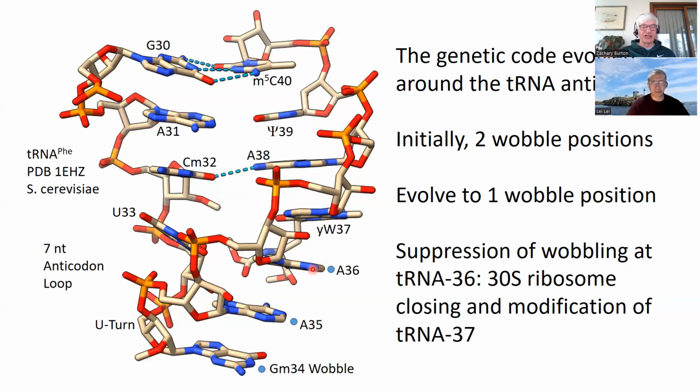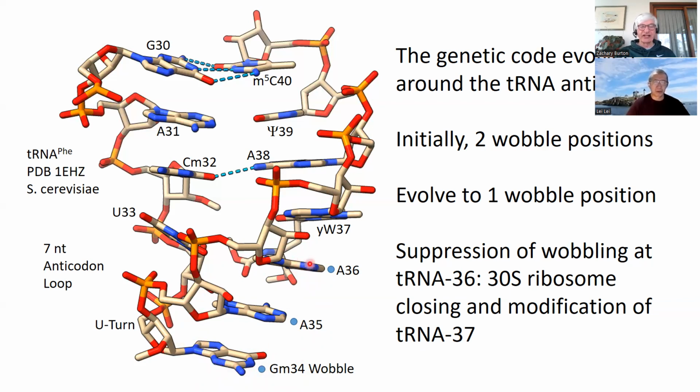So this position here, I'm going to say, used to be a wobble position, and this used to be a wobble position. If you have two wobble positions, you have two possibilities here and four there. That's a complexity of 8 amino acids, so you hang up at 8 amino acids, evolving the code.